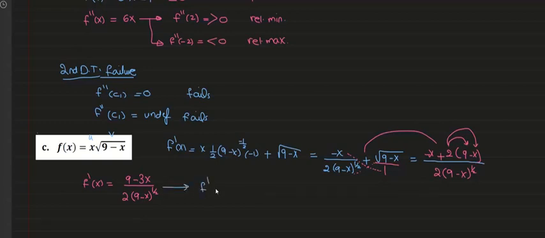First, if f dash of x is equal to 0, this means that we have 9 minus 3x equals 0, and then 9 equals 3x, so x is equal to 3. And then we have here f dash is undefined, and we usually take the denominator and equate it to 0.